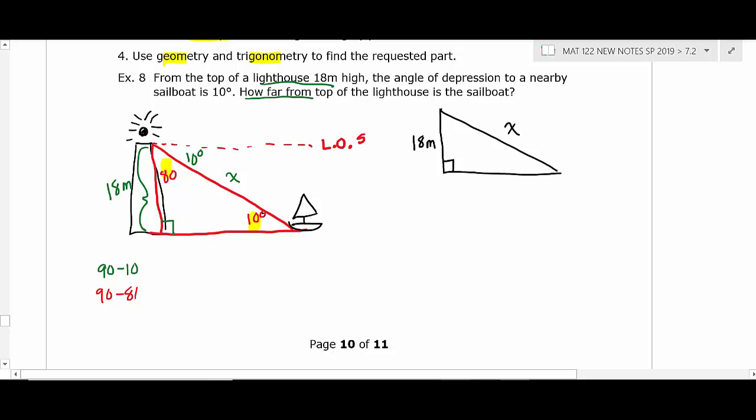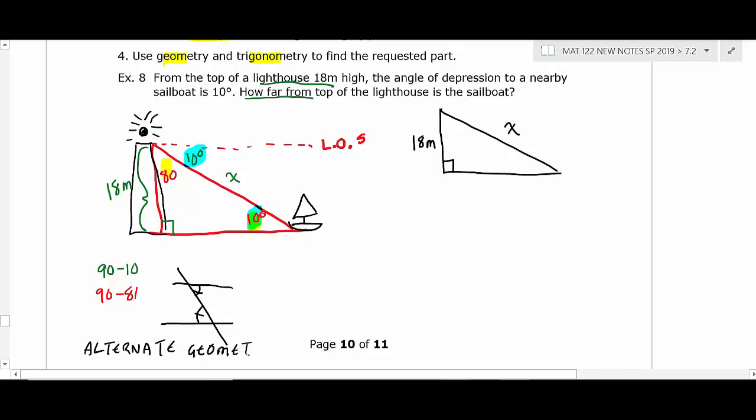Now, there's something that's kind of nice to know on this, and maybe some of you already knew this. This angle and that angle are the same. Any time that you have two parallel lines, and you cut them with a line, this angle and that angle are the same. Those are called alternate interior angles. Where do you learn that? In geometry class, if you take that in high school.